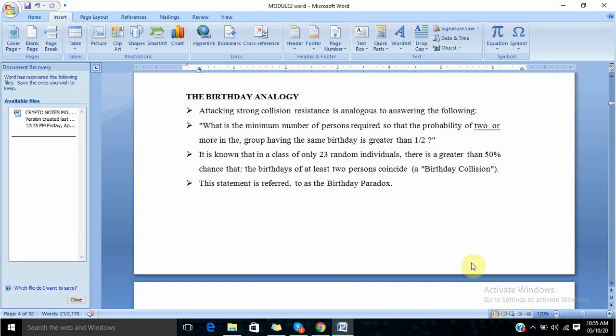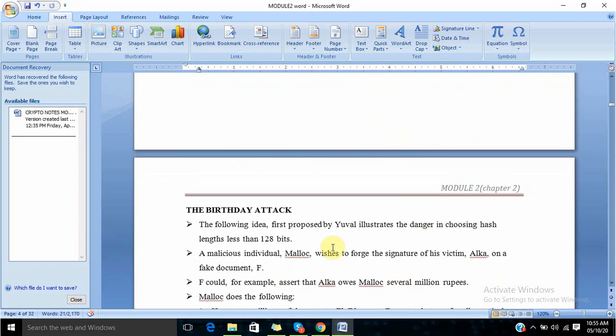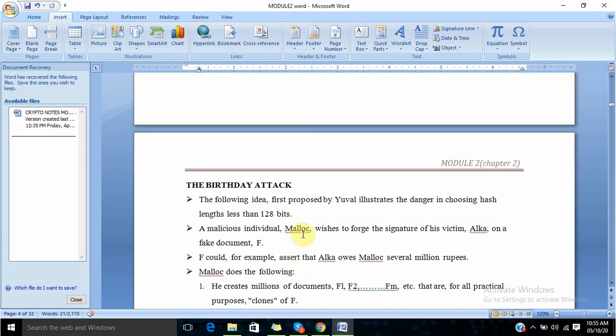That problem they are trying to explain in this birthday attack. Even if the hash value length is less than 128 bits, what is the problem? They are taking one simple example to explain this concept. Let us go through that example and understand it.